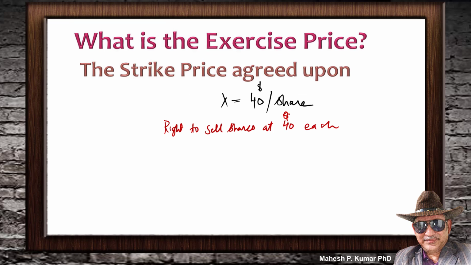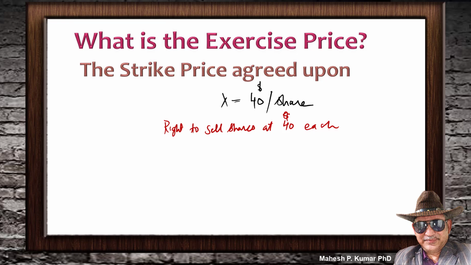What is the exercise price? The exercise price is $40 per share. Whenever you make a put option contract, you have to pay attention to the exercise price. This exercise price is $40, which means that you have the right to sell shares at $40 each on expiration, and your outlook is of course bearish.